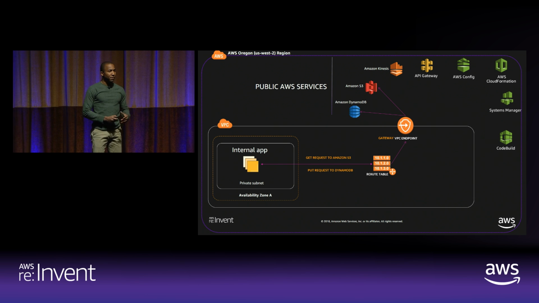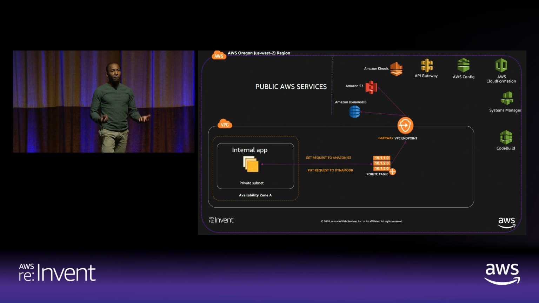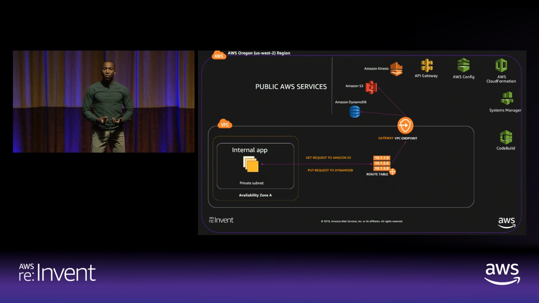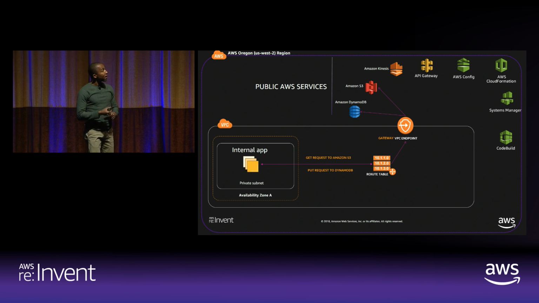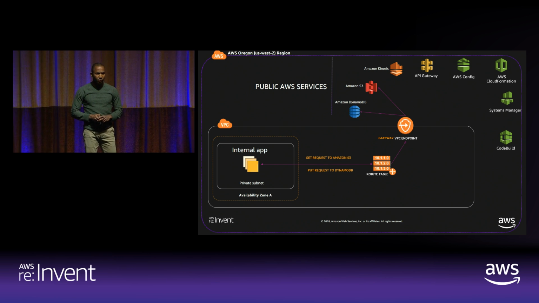We have two types, gateway endpoints and interface endpoints. Gateway endpoints were the very first generation of endpoints that we created. These provide access to two specific services. The first was Amazon S3, and the second is DynamoDB.